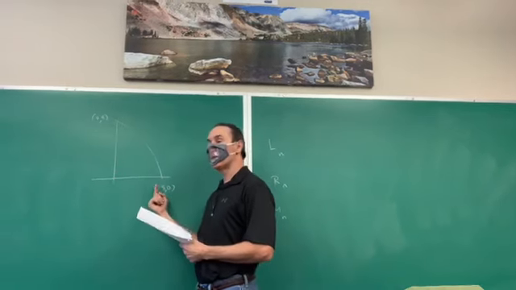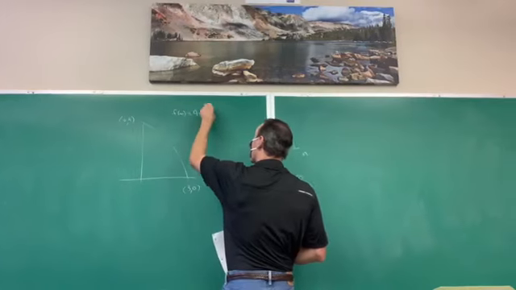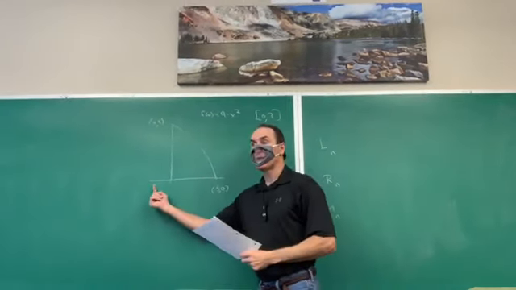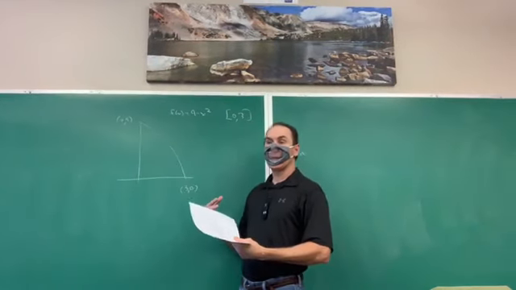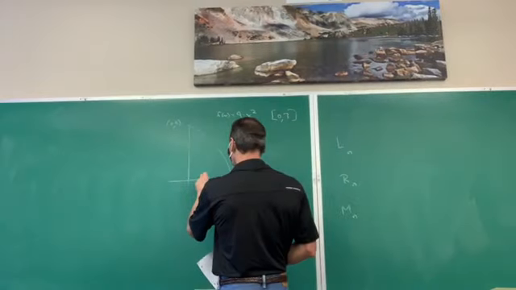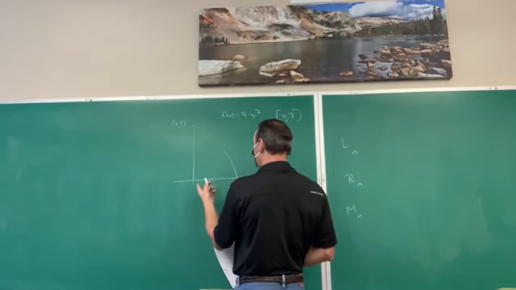Let me write down, f of x equals 9 minus x squared, and our interval is from 0 to 3. So since we're going from 0 to 3, and we're making 6 rectangles of equal width, each of those is going to have a width of how much?